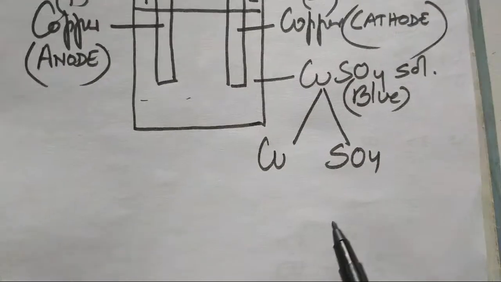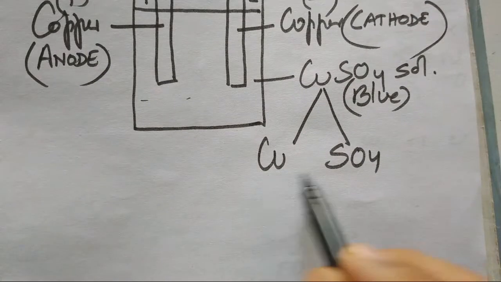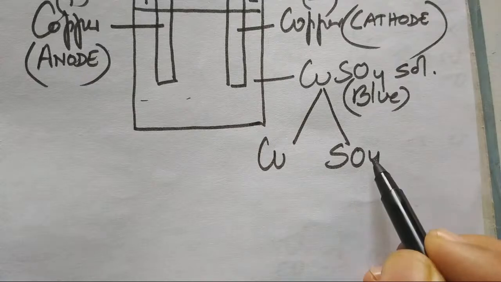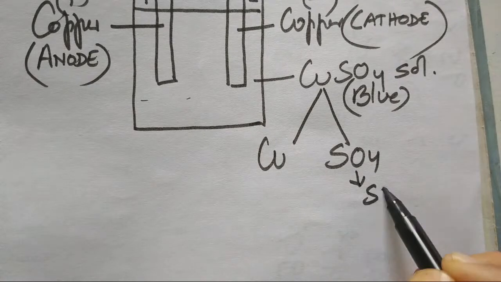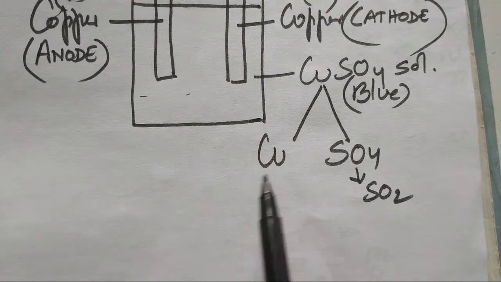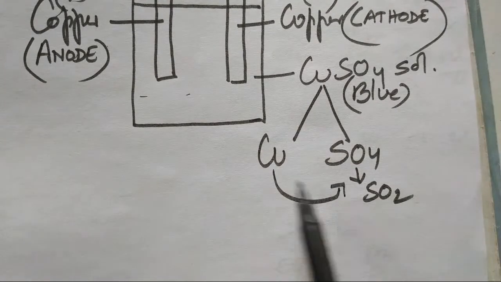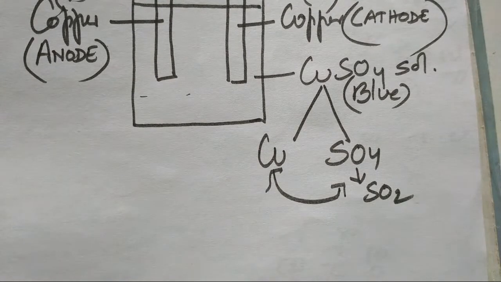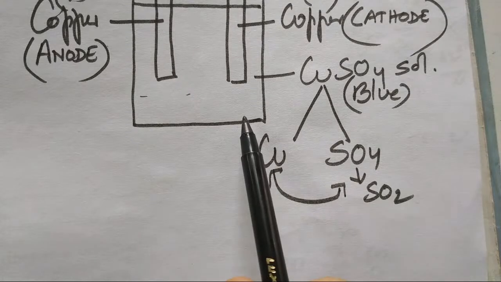The copper is the metal and sulfate is an ion which readily forms sulfur dioxide. So it breaks up into these two things, copper and sulfate.